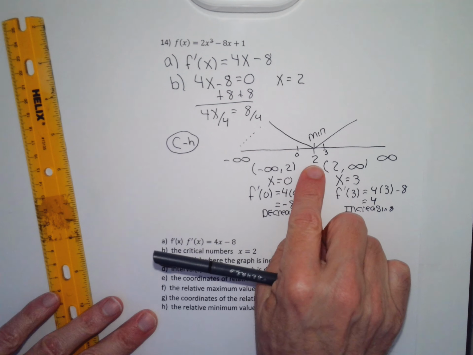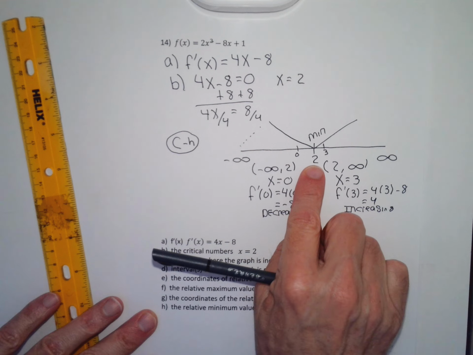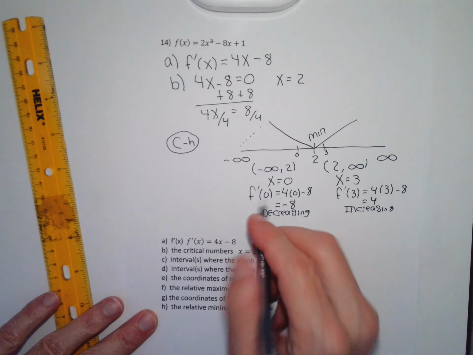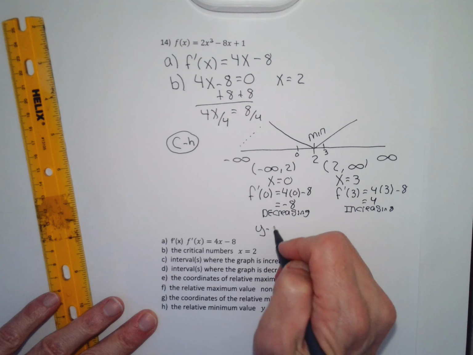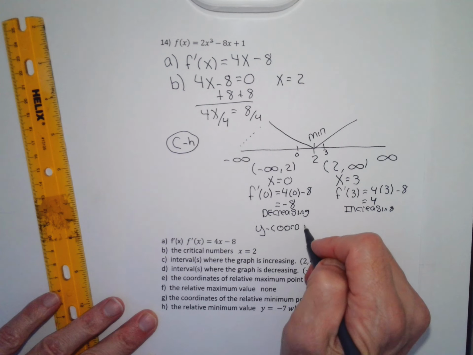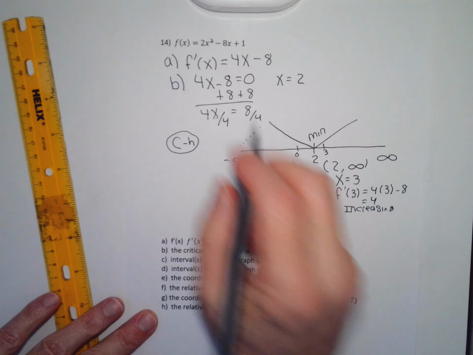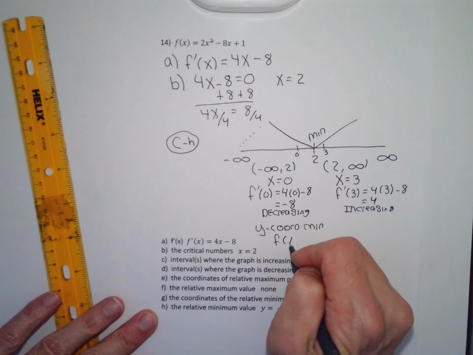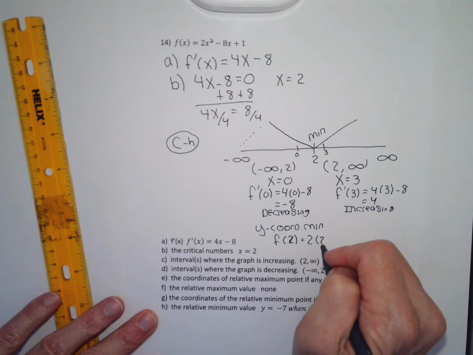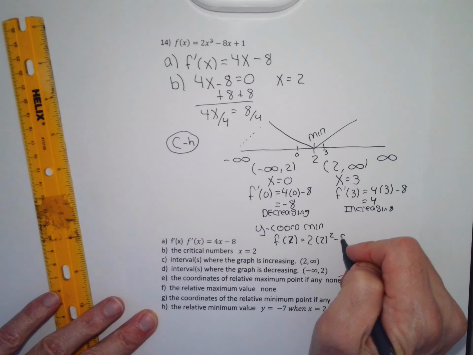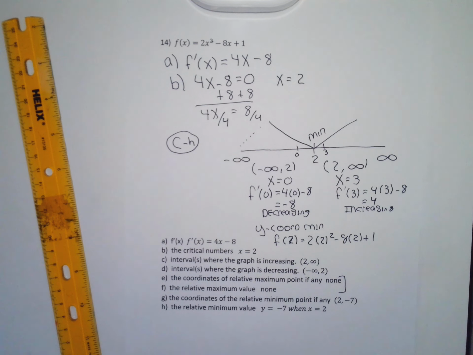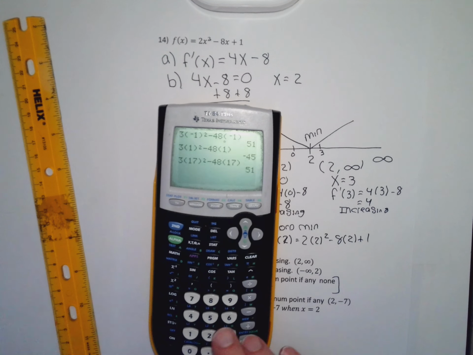The algebra gives me the x-coordinate of the minimum point. It doesn't give me the y-coordinate. Turns out the minimum point is (2, -7), but to get the y-coordinate of the minimum point, I need to use the original function. So I'm going to find f of 2, which equals 2 times 2 squared minus 8 times 2 plus 1, just to make sure I don't have an error on my key.